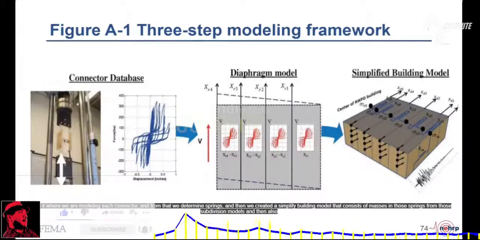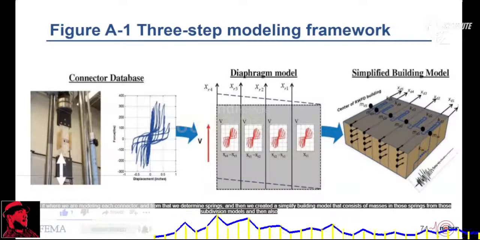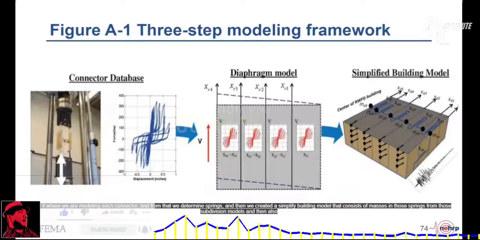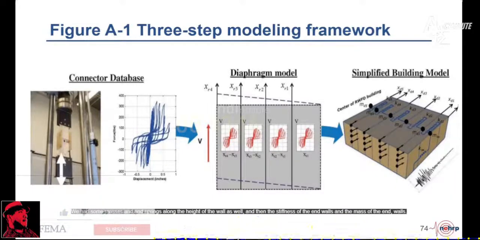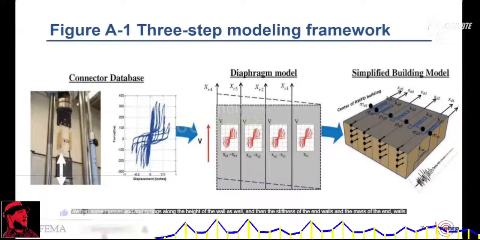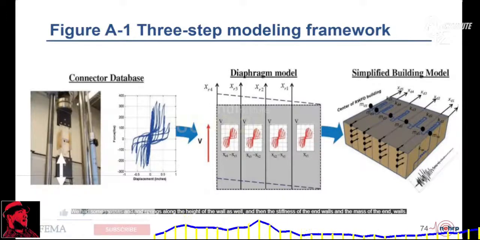From that, we determined springs. Then we created a simplified building model that consisted of masses and springs from those subdiaphragm models, and also masses and springs along the height of the wall, and then the stiffness of the end walls and the mass of the end walls.